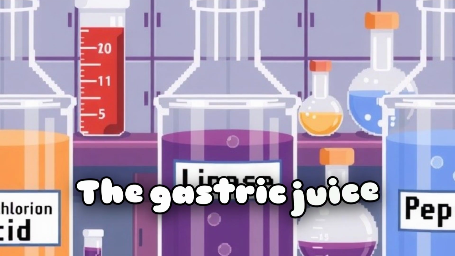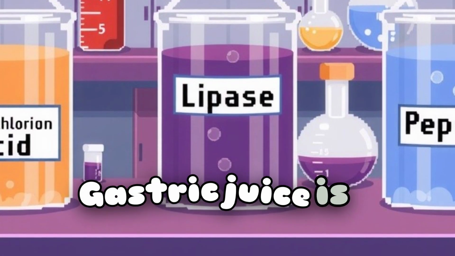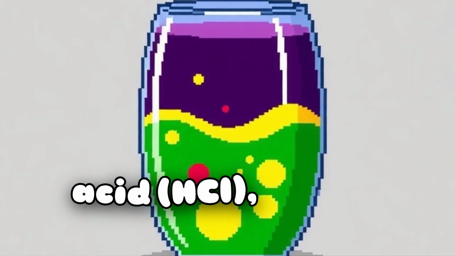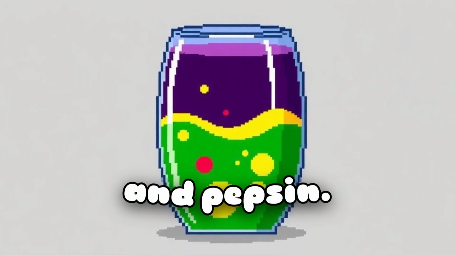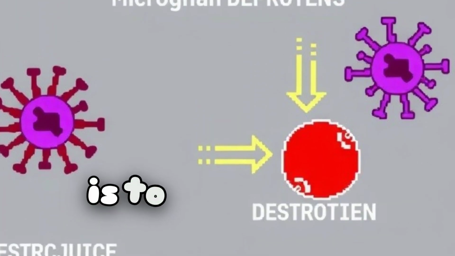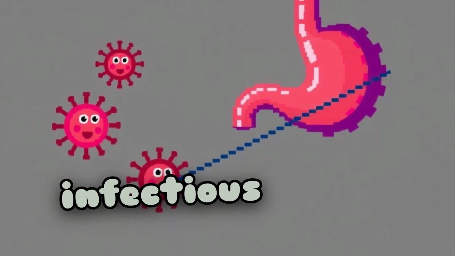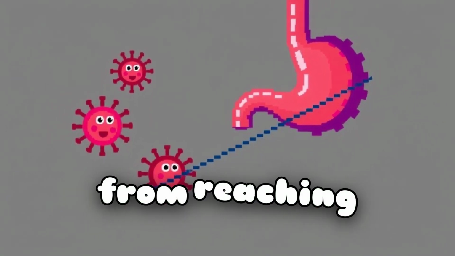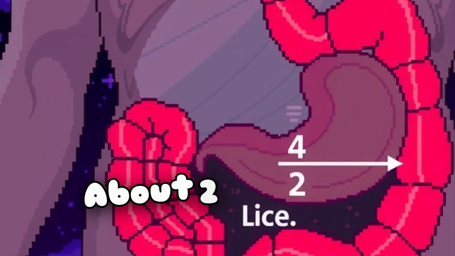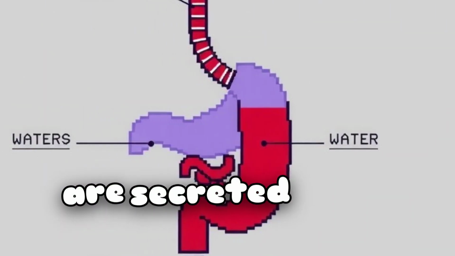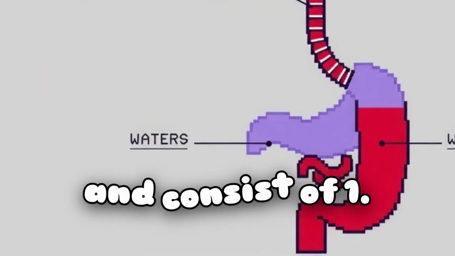The gastric juice. Gastric juice is a unique combination of hydrochloric acid, HCl, lipase, and pepsin. Its main function is to inactivate swallowed microorganisms, thereby inhibiting infectious agents from reaching the intestine. About 2 liters of gastric juices are secreted daily and consist of 1.